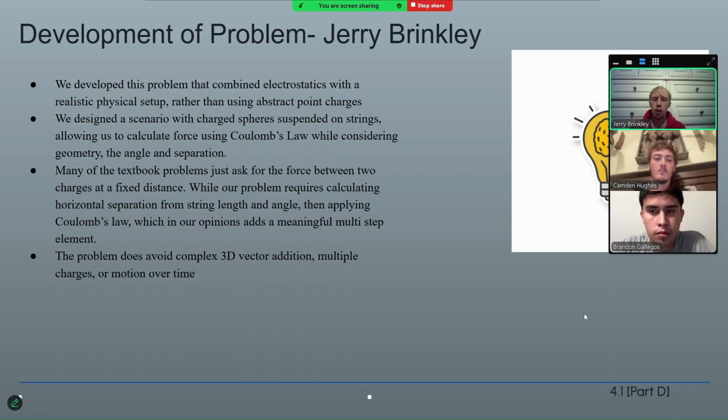Many of the textbook problems just ask for the force between two charges at a fixed distance, while our problem requires calculating horizontal separation from the string length and angle, then applying Coulomb's law, which in our opinion adds a more meaningful multi-step element. The problem does avoid complex 3D vector addition, multiple charges, or motion over time.